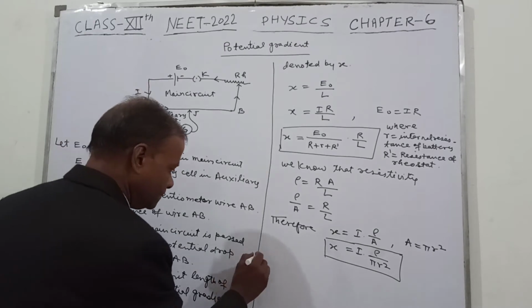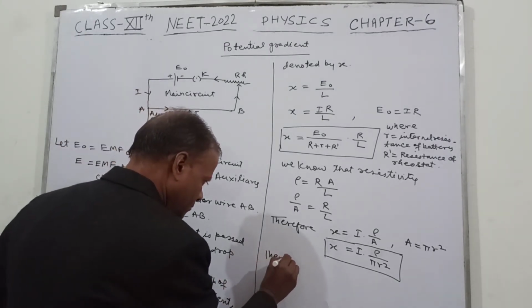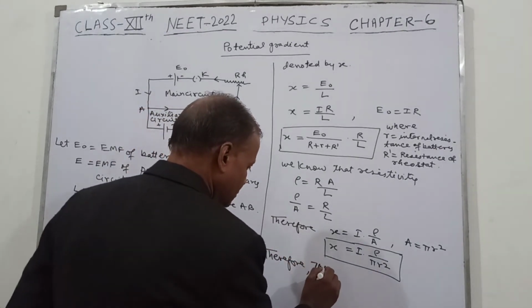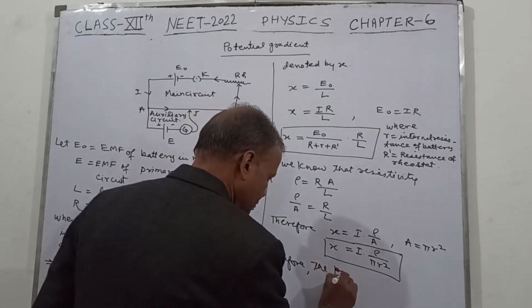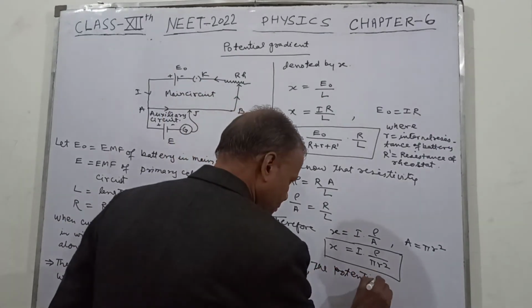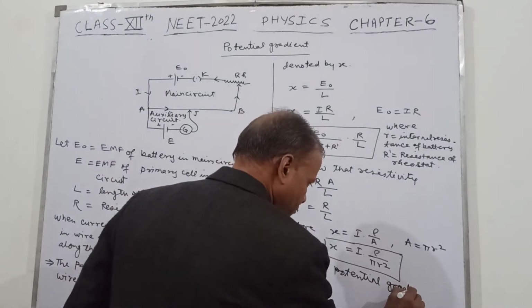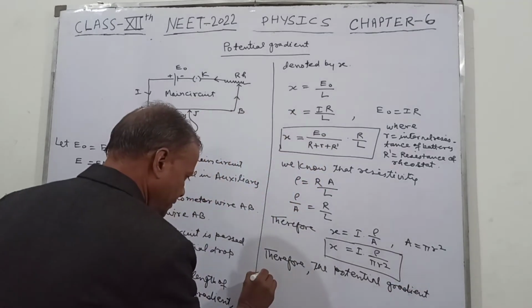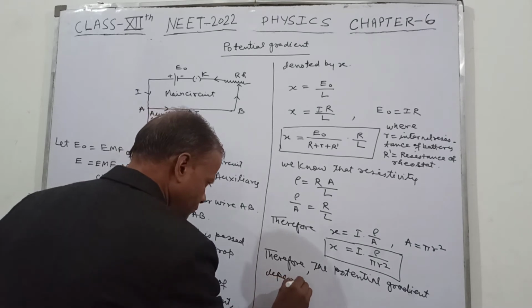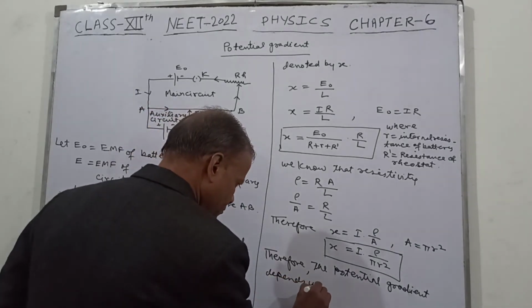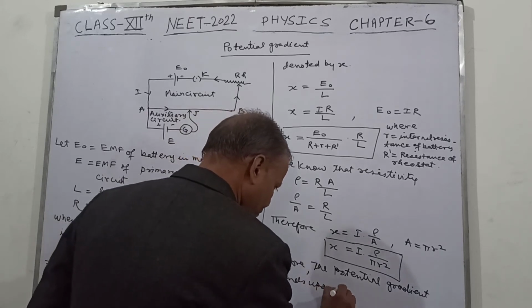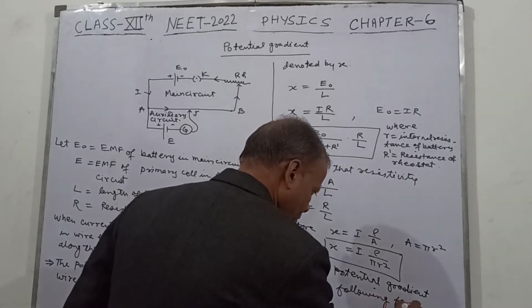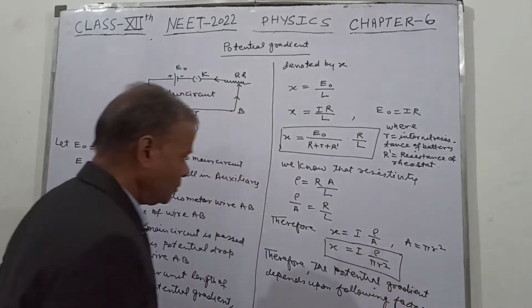Therefore, the potential gradient depends upon the following factors. What are these factors?